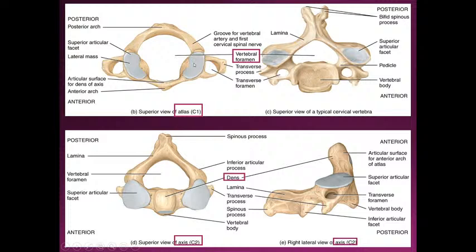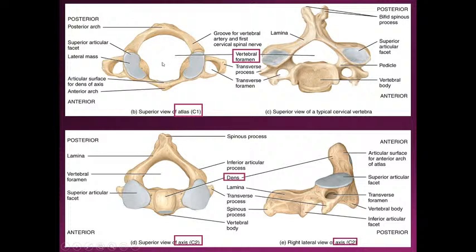What do they form a joint with? It's not another vertebra. This is C1. It's the top vertebra. All right, so they articulate actually with the occipital condyles of the skull, specifically on the occipital bone. The superior articulating facets articulate with the occipital condyles, all right, rounded projections of the occipital bone.